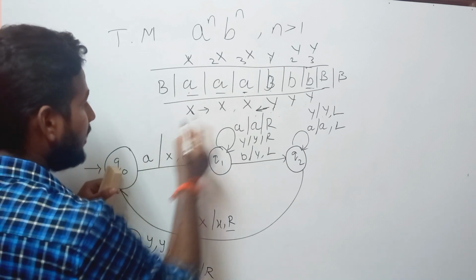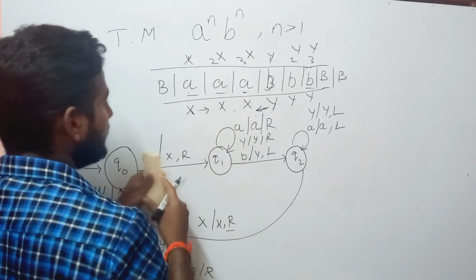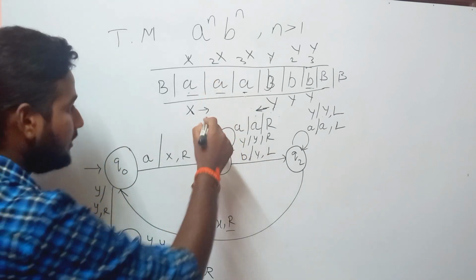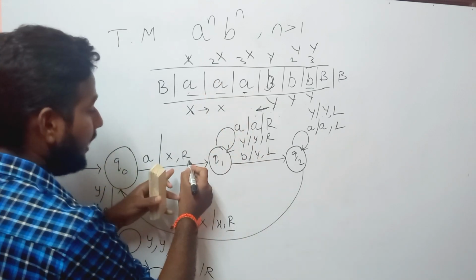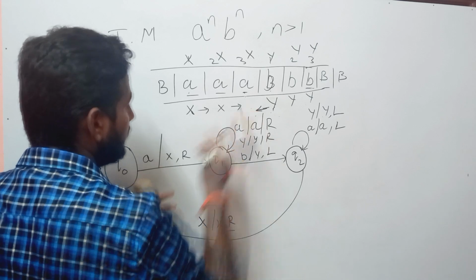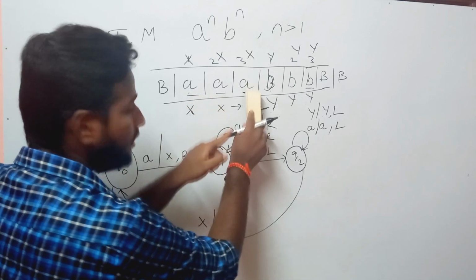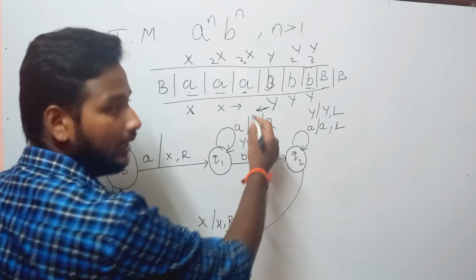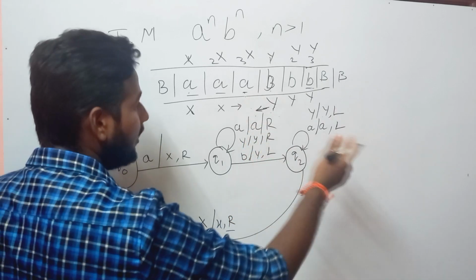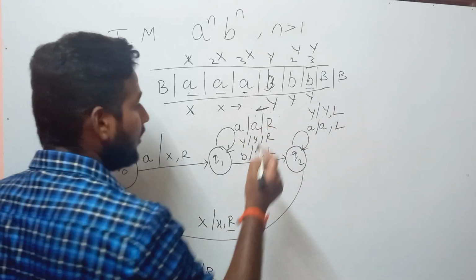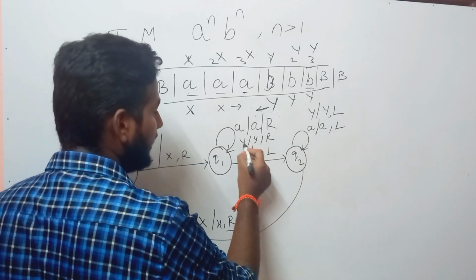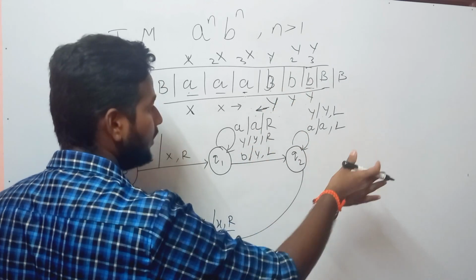From Q2, what is the next symbol after the X? It is an A. We make this A an X and the direction is right. Now the pointer has shifted to the next cell. We ignore A as A and move to the right until we find the second B. We also ignore the Y value, keeping Y as Y and moving right.